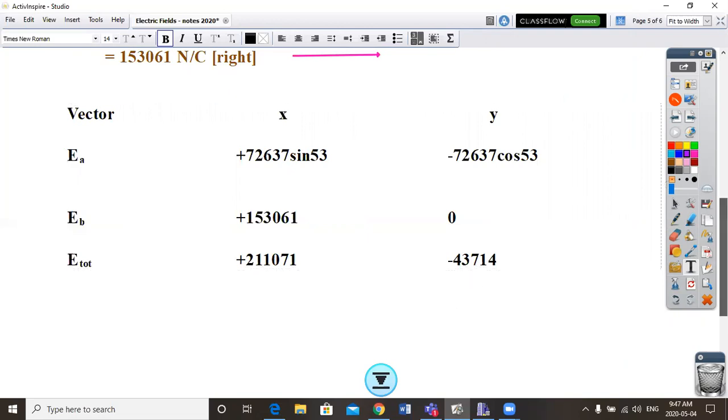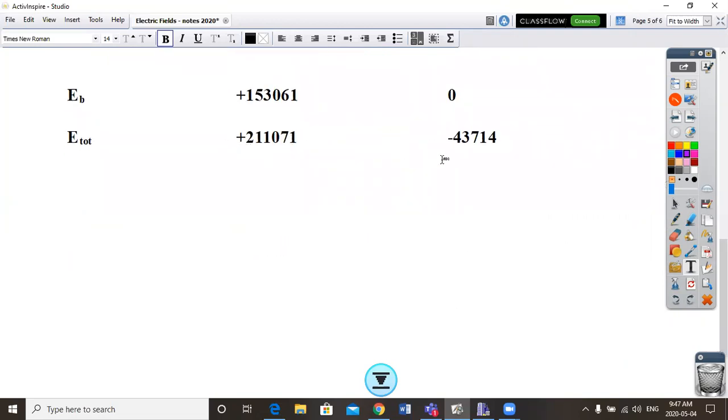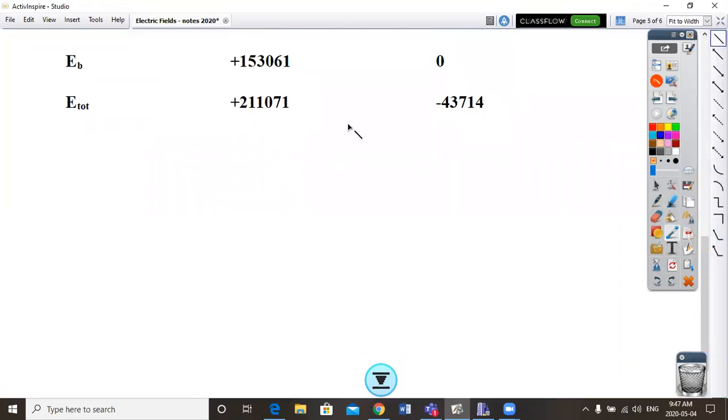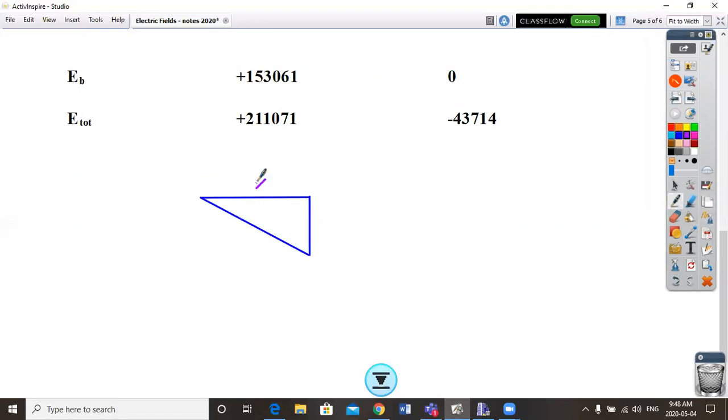Okay. So now that we know the x and the y, we can draw our triangle. So x is positive. And the y is south. And our hypotenuse is there. So there's our x, there's our y, there's our theta, and there's our E total.